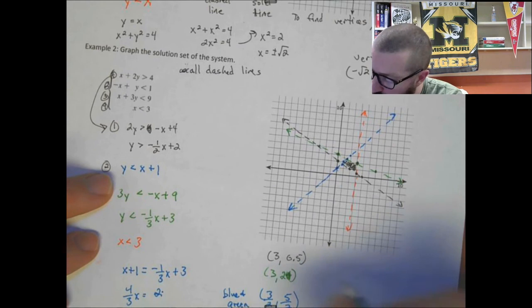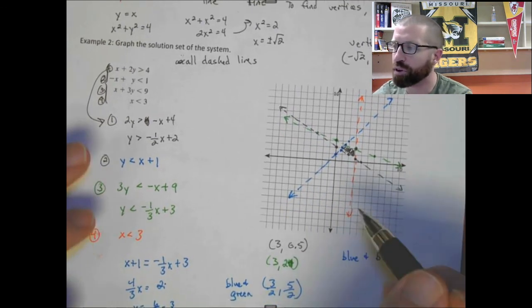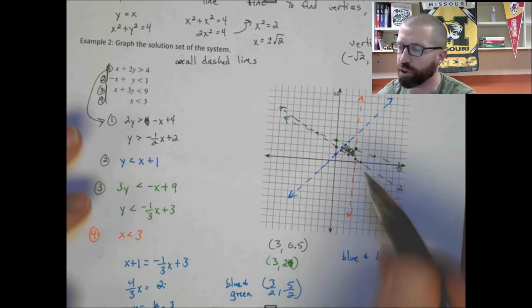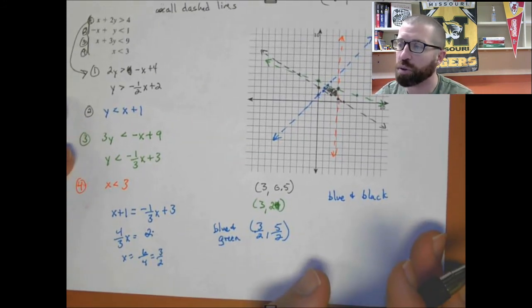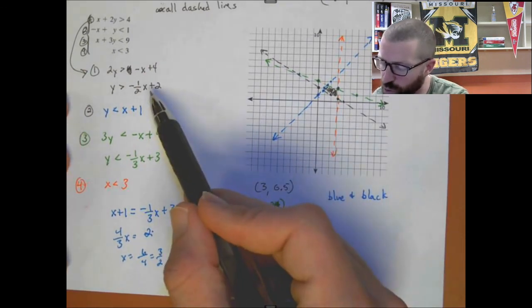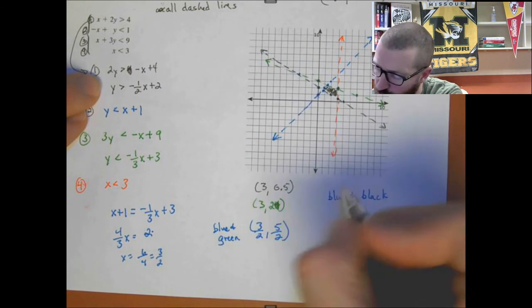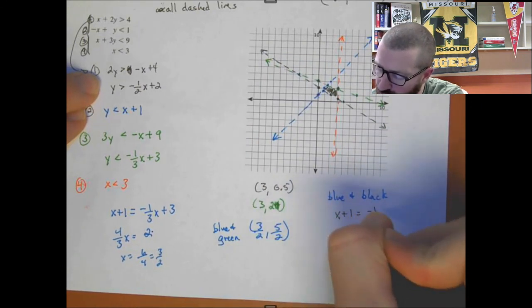And then the blue and black is the last vertex. I'm not going to try to put these all on the graph, because my graph's a little small. So for the blue and black, since I solved these all for y, I can just set them equal to each other. So x plus 1 is equal to negative 1/2 x plus 2.